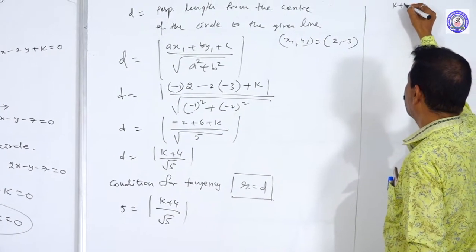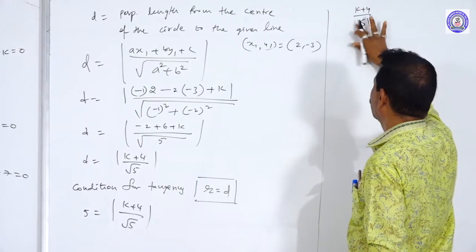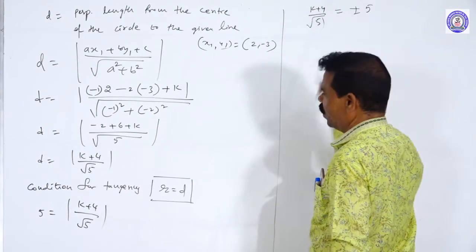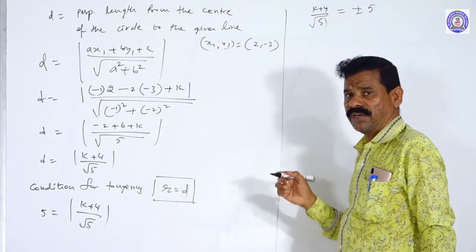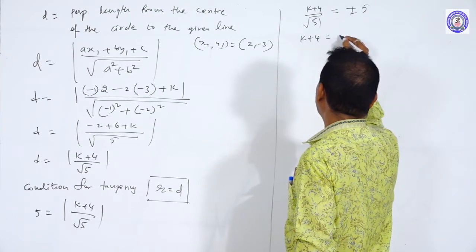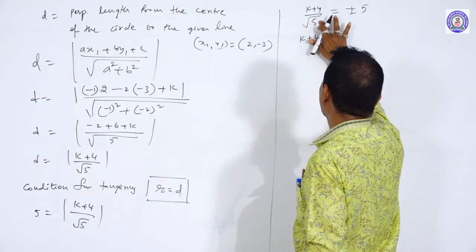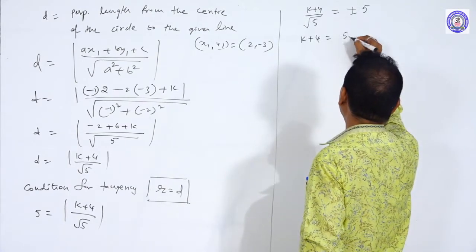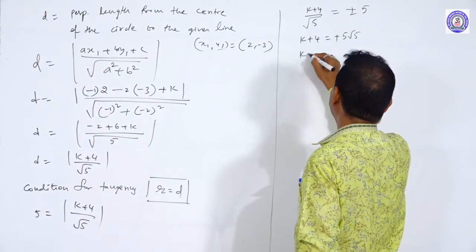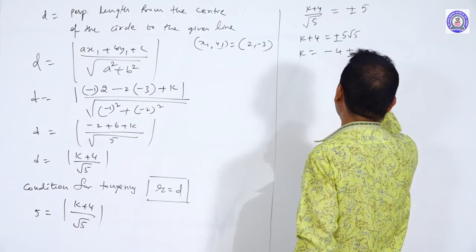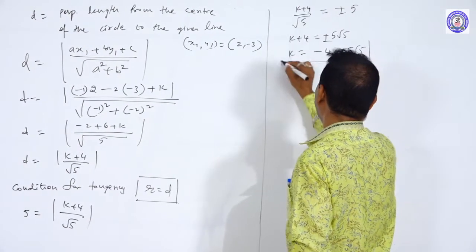So (k + 4)/√5 = ±5. If we remove the modulus, then it equals plus or minus. k + 4 = ±5√5. K = −4 ± 5√5. This is the k value.